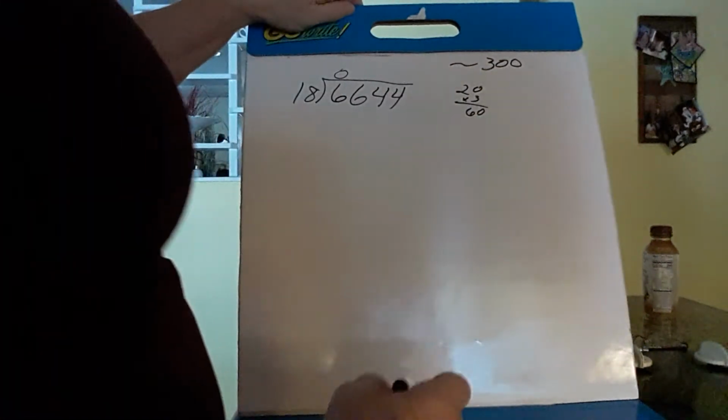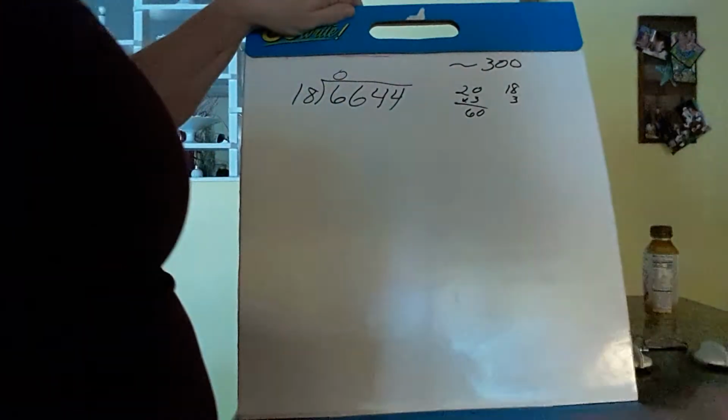Well, we know 20 times 3 is 60. So let's take 3 times 18 and see what we get. 3 eights are 24, so it's 54. Let's do 18 times 3, we said is 54.